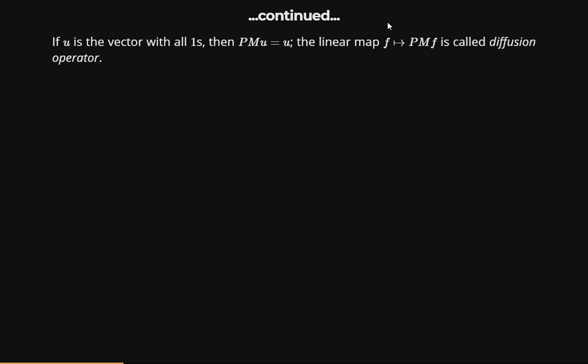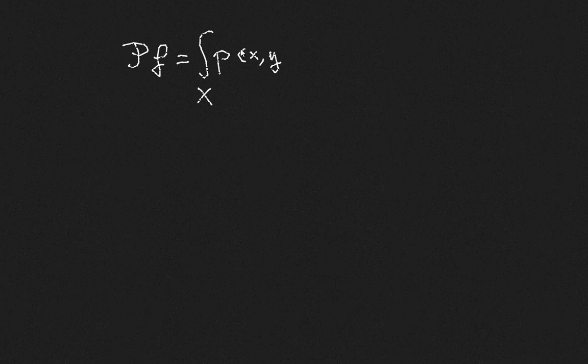The linear map that sends F to PM times F is called the diffusion operator. This is the operator which is defined in the continuous setting as an integral of f(y) d mu(y), and this gives f of x.